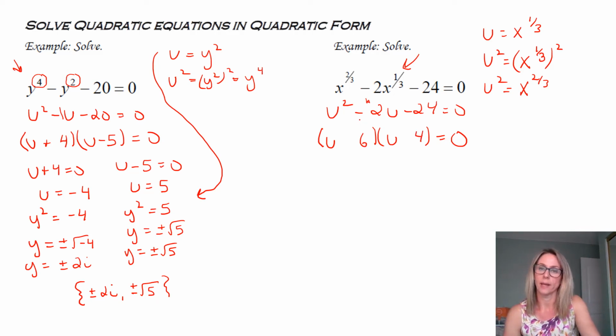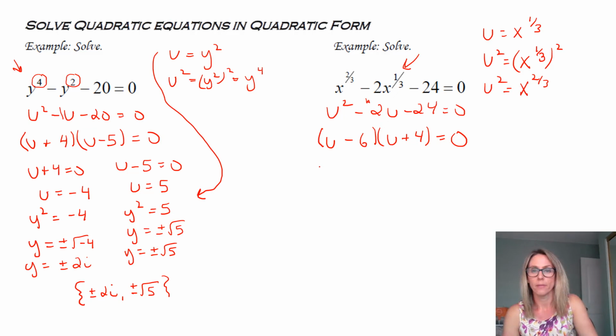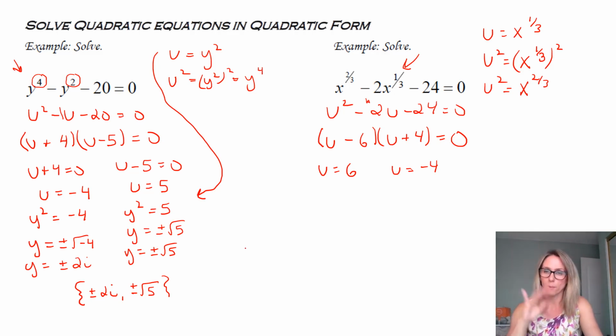And because we want a negative in the middle term, that negative 2, we're going to go negative. We need opposite signs to get that minus 24 at the end. And then, as I said, I'll just skip the zero product property because I know we've seen it a few times now. And so this tells me that I have u equaling 6 and negative 4.